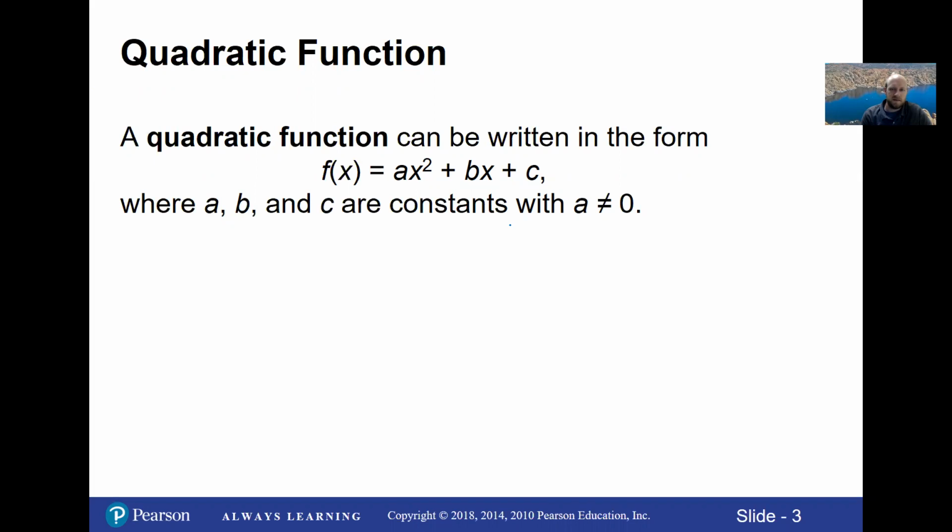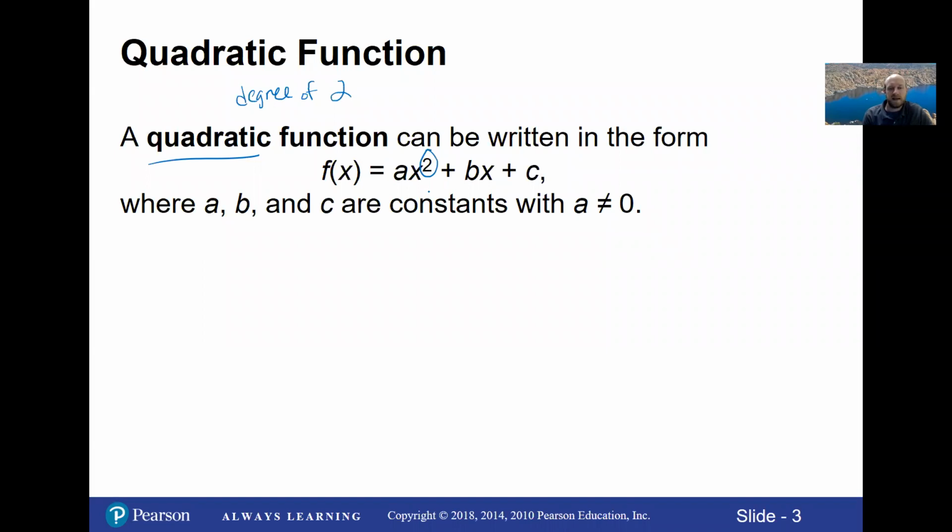You can think of them as coefficients where we have the variable terms, and then c is just a regular constant. Basically, what we're looking for in a quadratic is that it has a degree of 2, right? That means the highest exponent is 2.